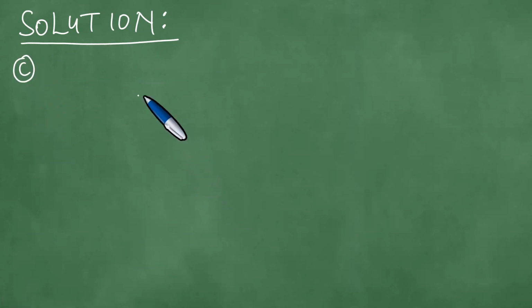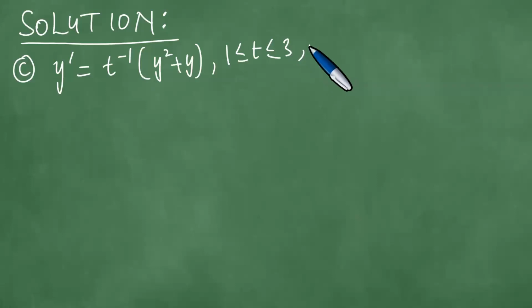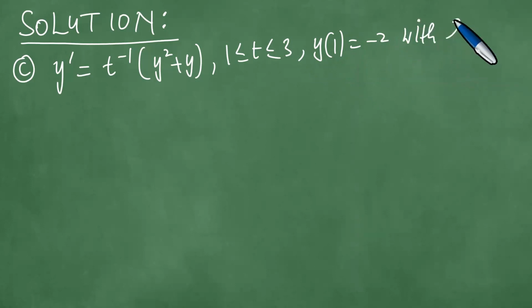C is y prime equals t to the power minus 1, y squared plus y, with t between 1 and 3. y at 1 is minus 2, with h equals 0.2.